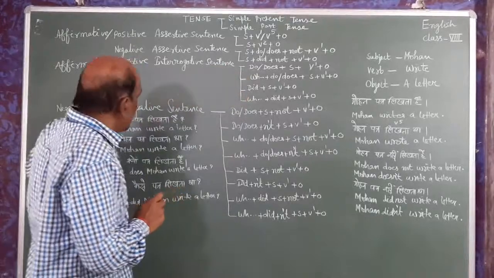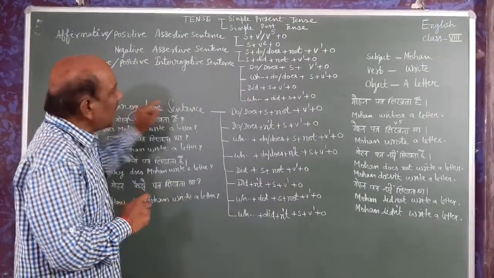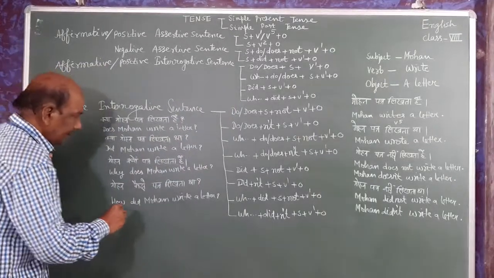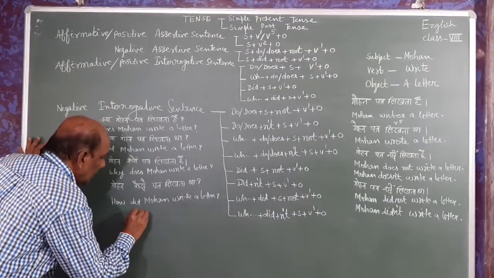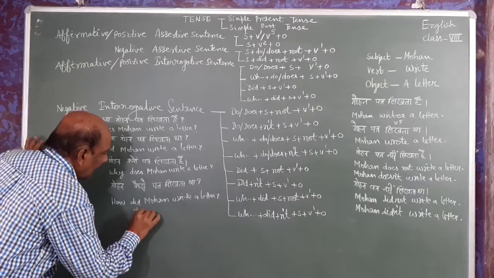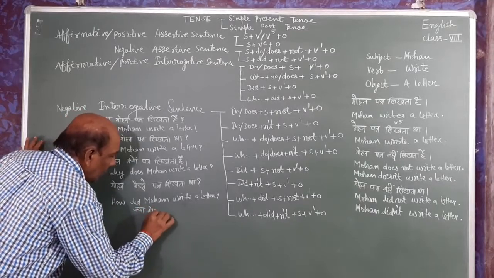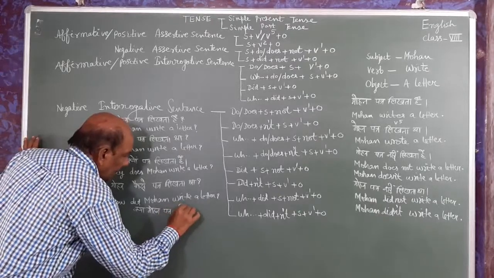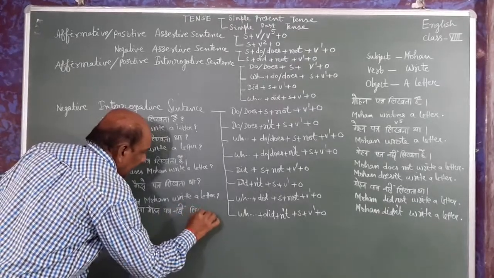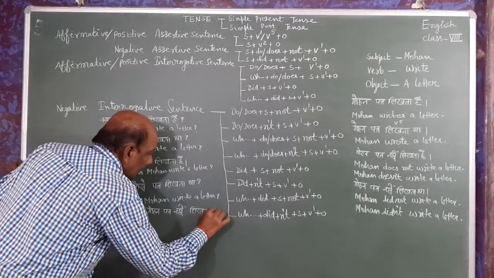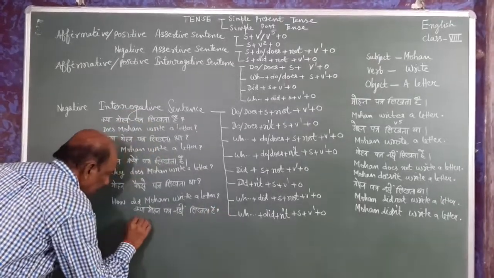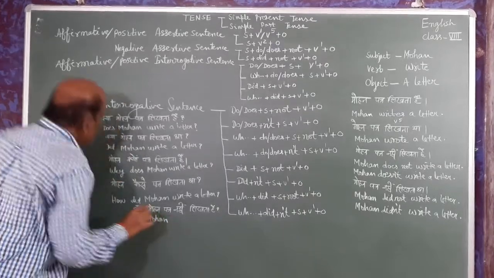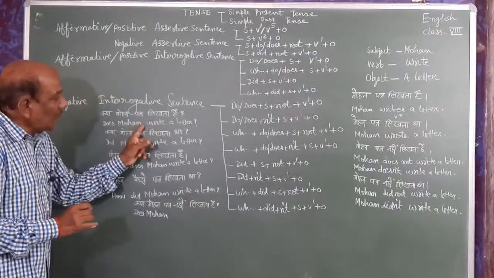Now we will come to negative interrogative sentences. Take an example. Kya Mohan patra nahin likhta hai? So, does Mohan, see here, does Mohan write a letter? We will put not here.